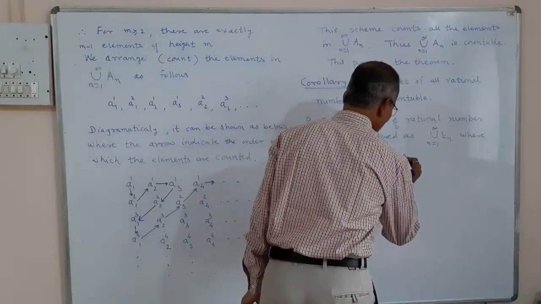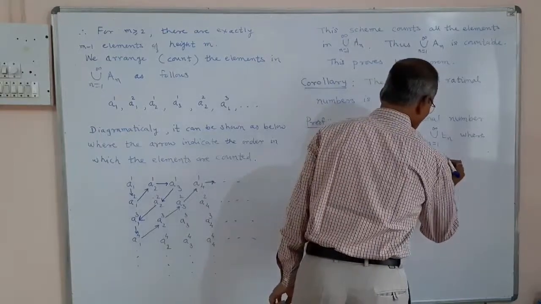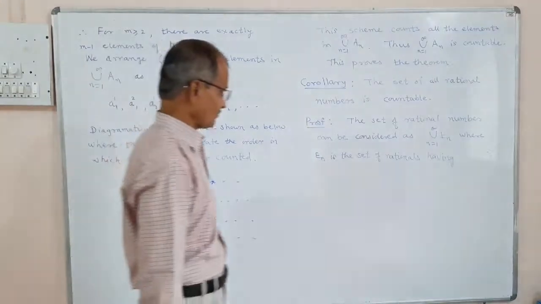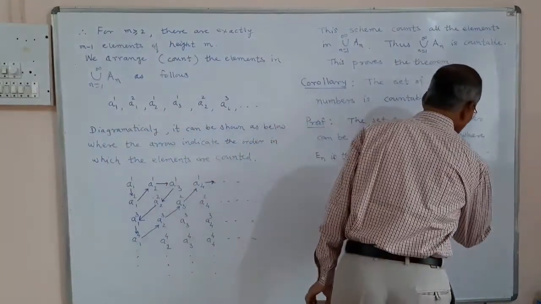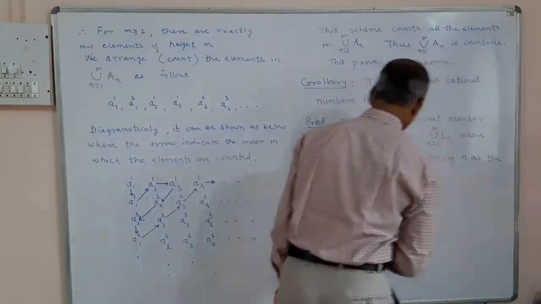En is the set of rationals having n as the denominator.